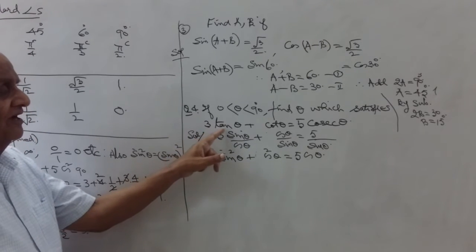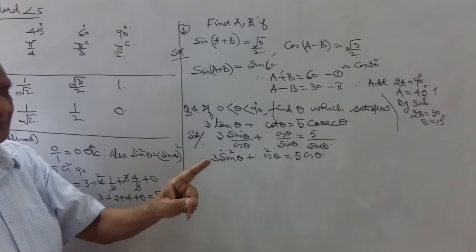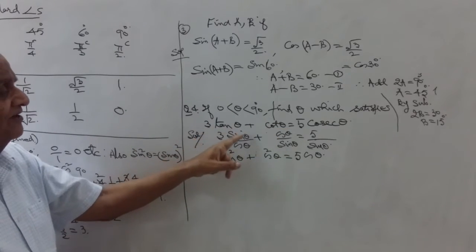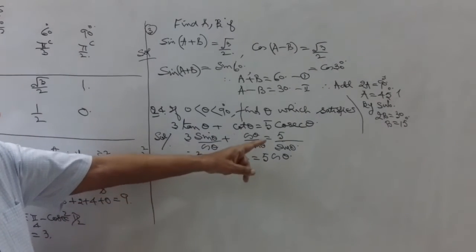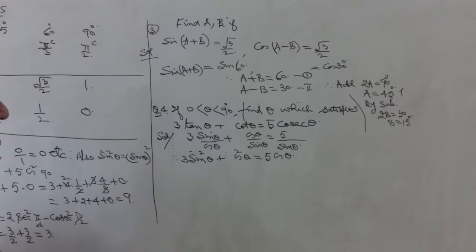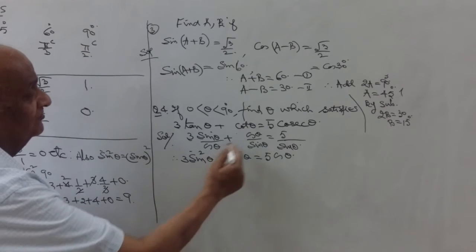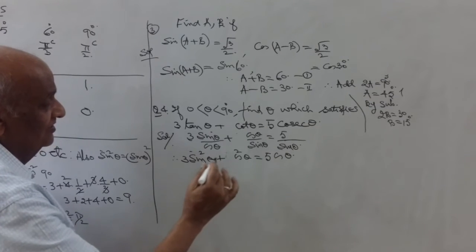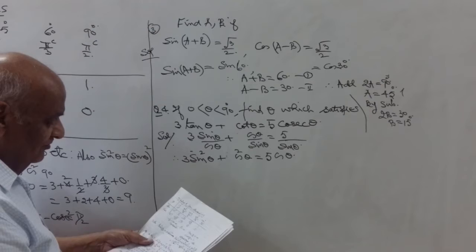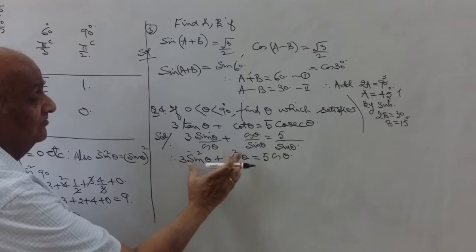3 tan theta plus cot theta is equal to 5 cosecant theta. 3 sin theta upon cos theta plus cos theta upon sin theta is 5 upon sin theta. So it becomes 3 sin square theta plus cos square theta is equal to 5 cos theta. When you simplify this, make it either quadratic in sin or cos.